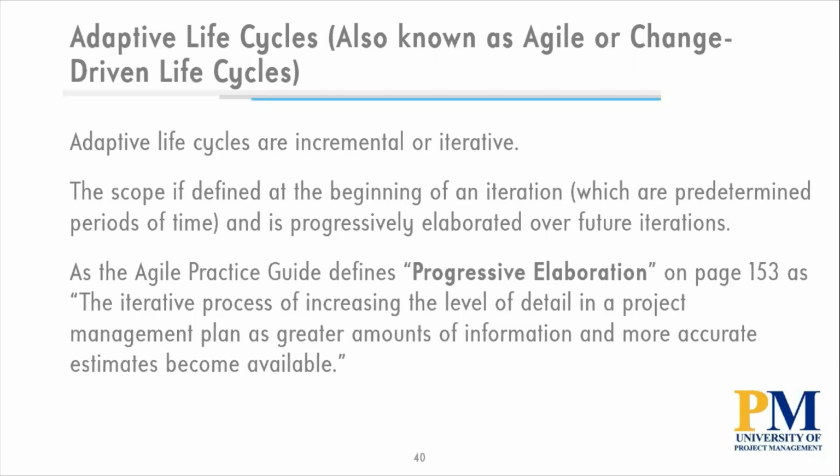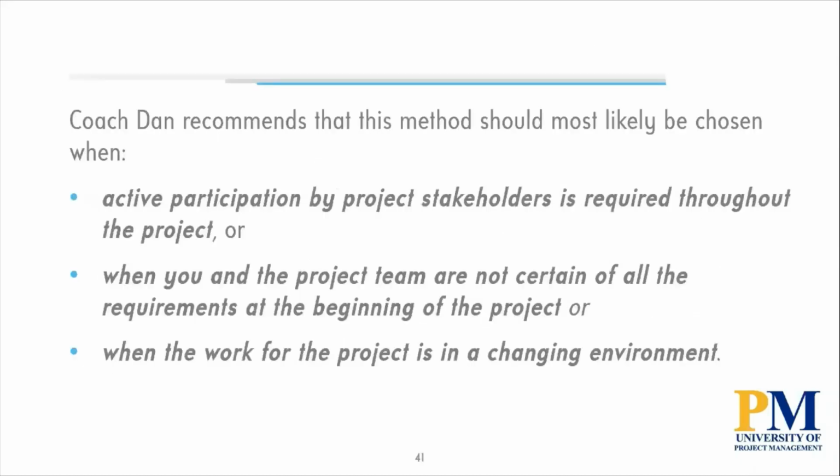Adaptive life cycles are incremental or iterative. The scope's determined early, but we allow for some reprioritization and some changes at the beginning of the sprints. You can always check out page 153 of the Agile Practice Guide if you want to learn more about progressive elaboration.